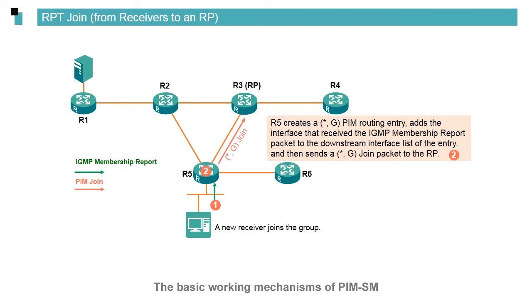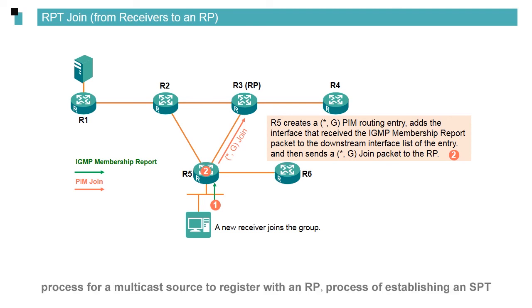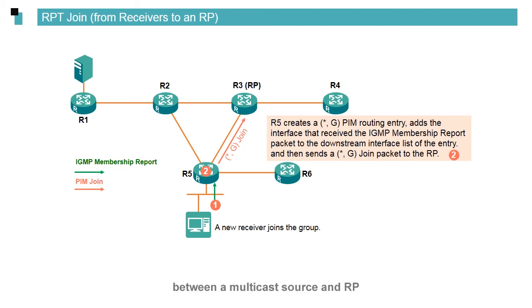The basic working mechanisms of PIM-SM include the process for a last hop router to initiate an RPT join, the process for a multicast source to register with an RP, the process of establishing an SPT between a multicast source and RP, and the process of switching between an RPT and SPT.